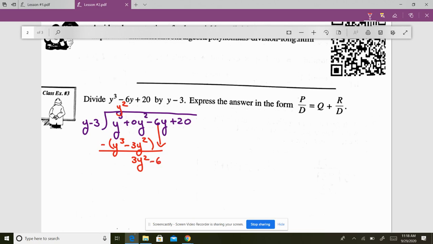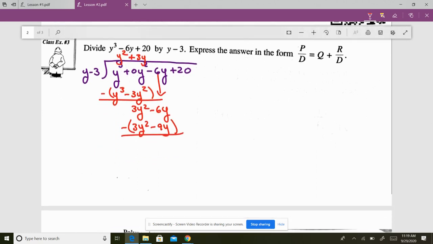Bring down the negative 6y. Then, what do I multiply y by to get 3y squared? 3y. Then you multiply by both again. 3y squared minus 9y. And then you're going to subtract them again.